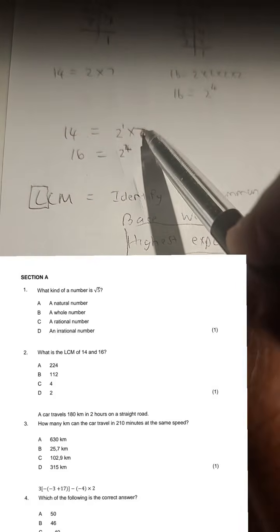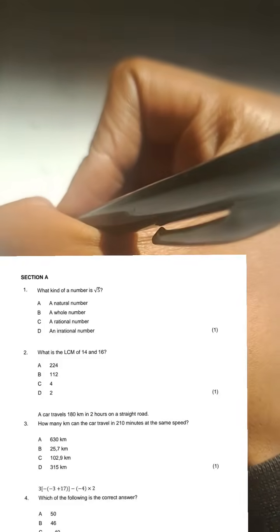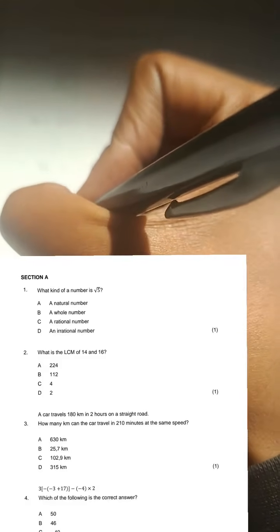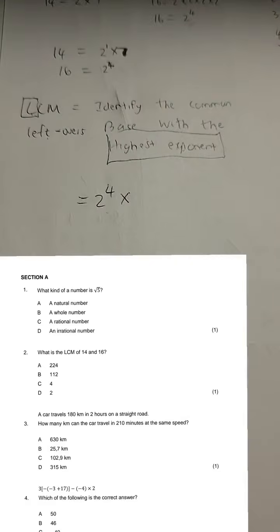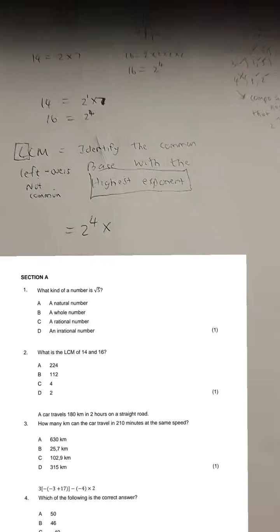Now the thing is, if we look at 7, 7 is not common. But for LCM, we also take down the leftovers that are not common. I usually say that to my learners, the leftovers that are not common.